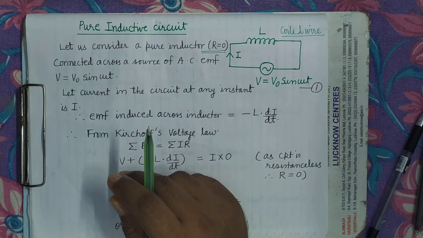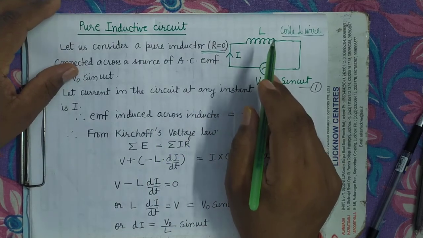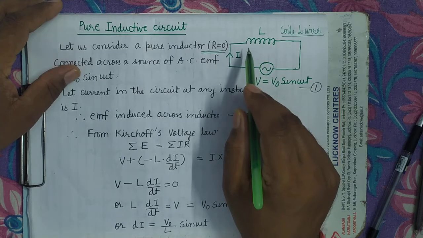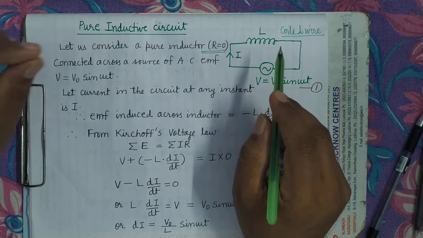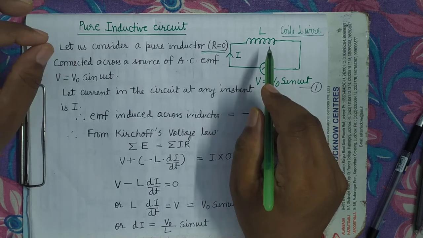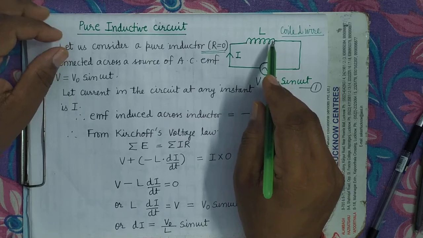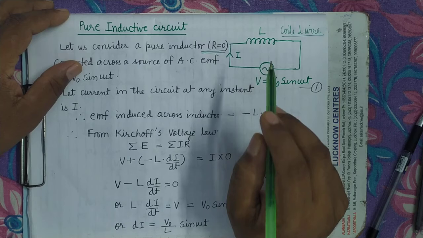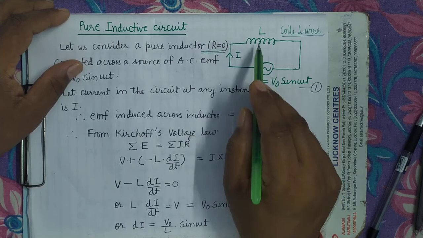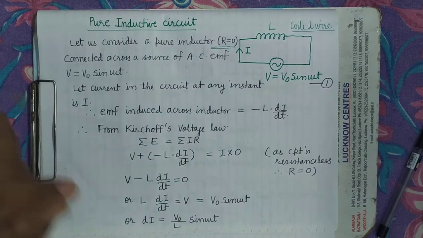When current passes through this, its growth or its decay will be delayed. And because of what? Since there will be a changing magnetic flux, an EMF will be induced which will oppose the main EMF, and that induced EMF is called the self-induced EMF.